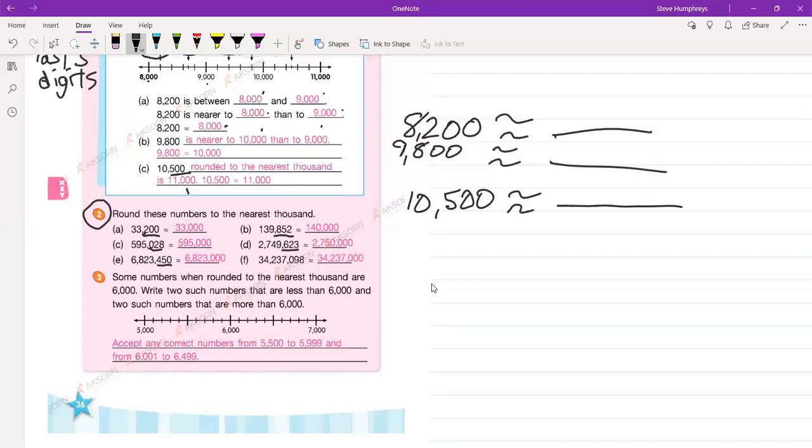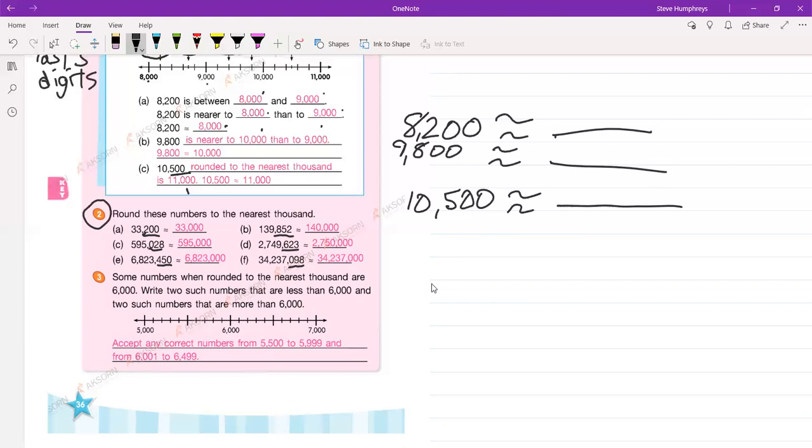And F. We've now got an 8-digit number. 34,237,098. Look at your last 3 digits. Round the number to the nearest multiple of 1,000.